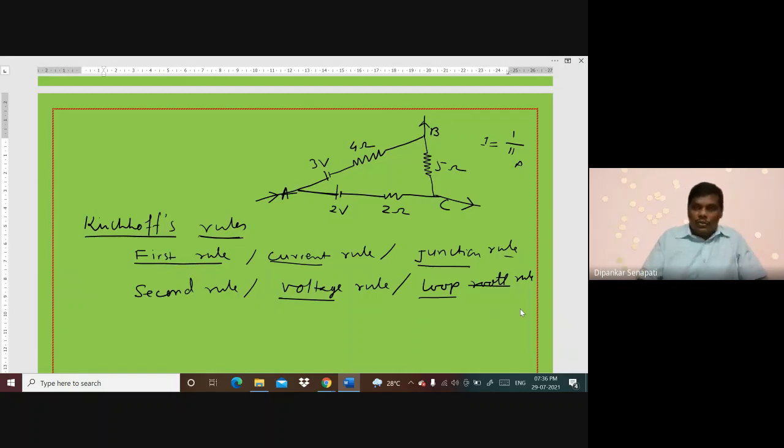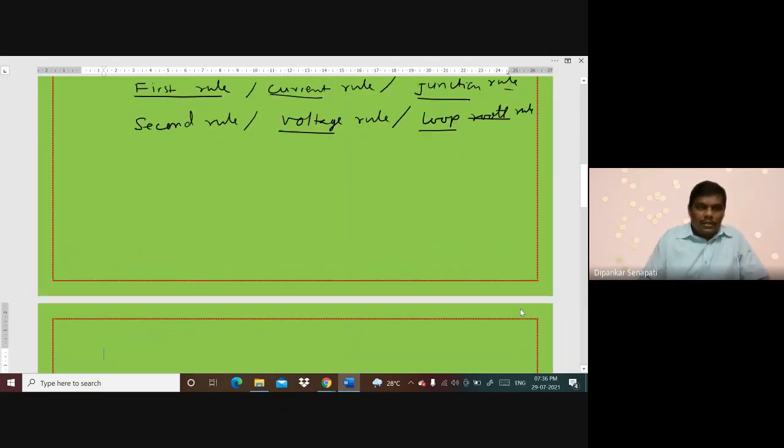So we must see very specifically what a junction and a loop are, and in between we will discuss the branch. These three things we will discuss first, before we state Kirchhoff's rules, we must know all these things.